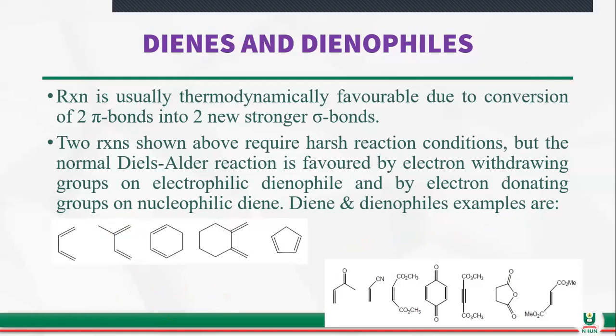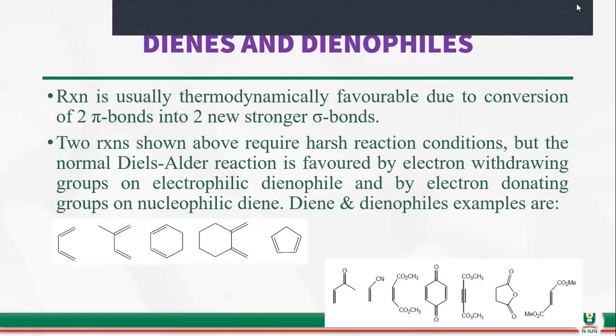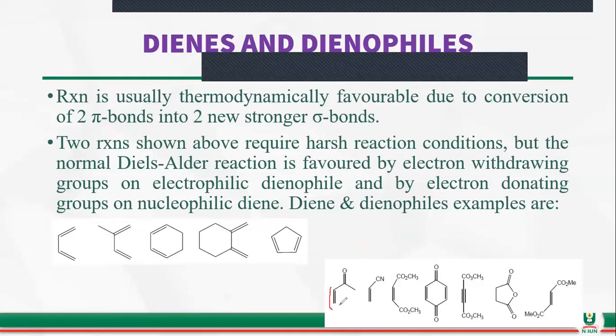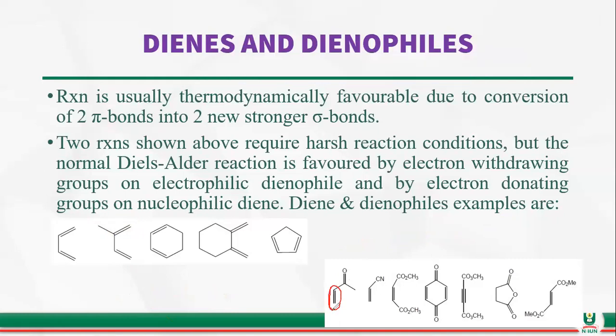So we look at this, for example, if you look at the ones down there, those are examples of the dienophile. I want us to look at it. This is the dienophile because we are zooming in on this C double bond C here. But this dienophile compared to ethene as dienophile, which one of them will be much more reactive? This one. Why? Because in ethene, what you have attached to it is hydrogen, which is not donating, not withdrawing.